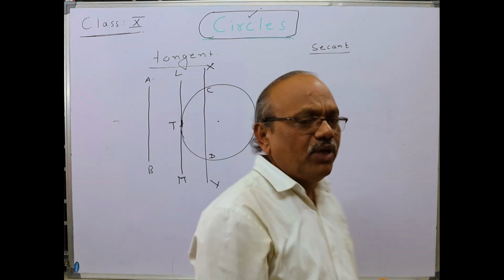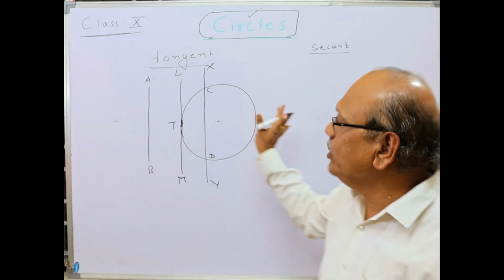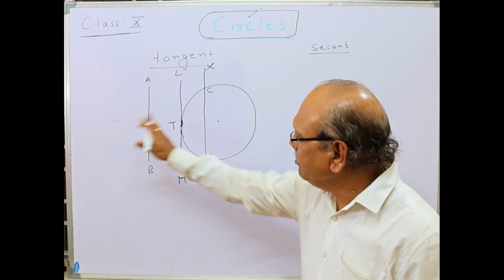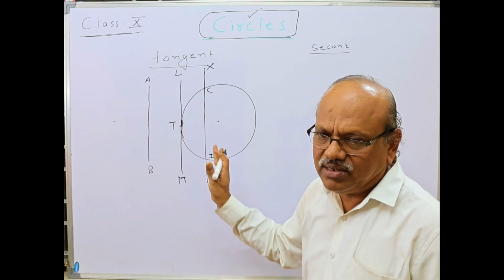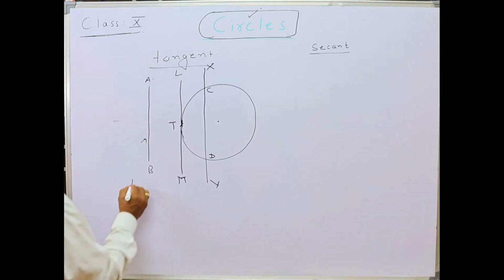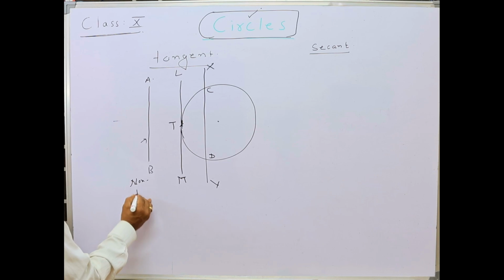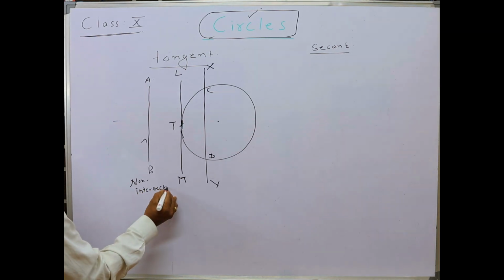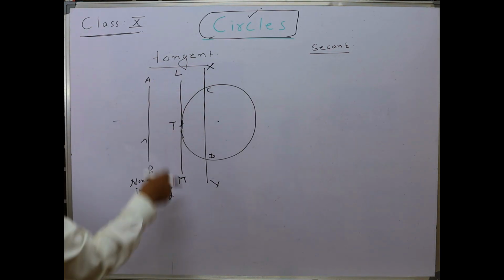Observe it. Whenever you take a circle and the line, there are only three cases. Line may be not at all touching the circle. Such line is called a non-intersecting line. And what is the difference you are observing in LM?